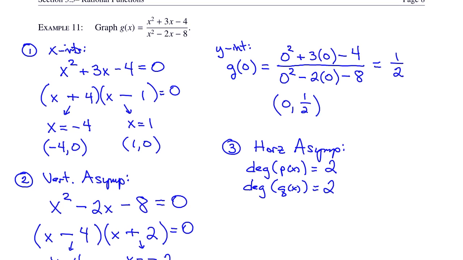Remember, the degree is the highest power on the x. When these are the same, we use the ratio of the lead coefficients. Both coefficients are 1, so it's y equals 1 over 1, which is y equals 1. So we have a horizontal asymptote at y equals 1.